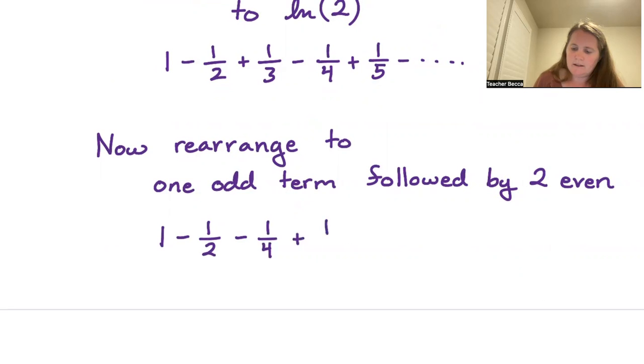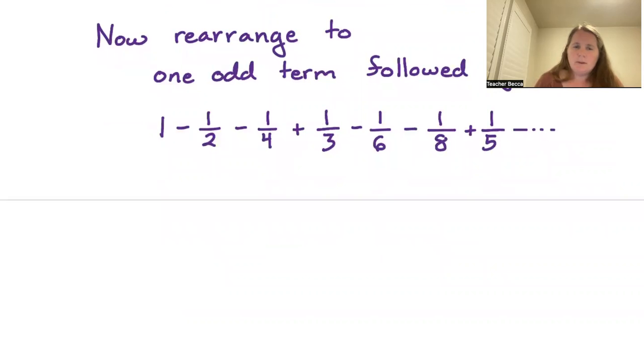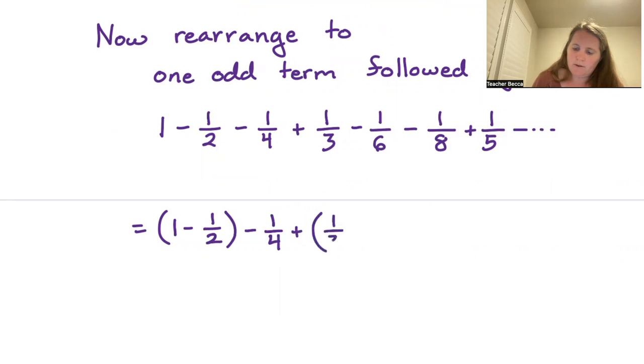Then we'll do plus the next odd term, so plus 1/3. Then we would have minus 1/6, minus 1/8, and then plus 1/5, etc. So if we group these, this is 1 minus a half, and then we have minus 1/4, and then plus 1/3 minus 1/6, followed by minus 1/8, and then we would go from there.